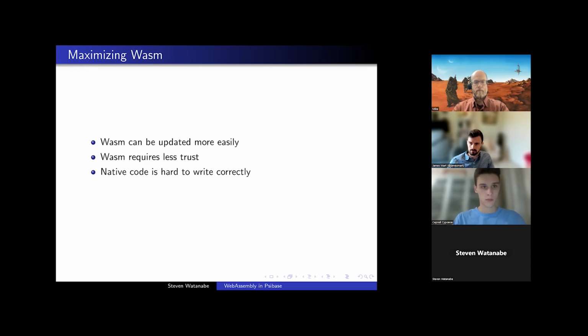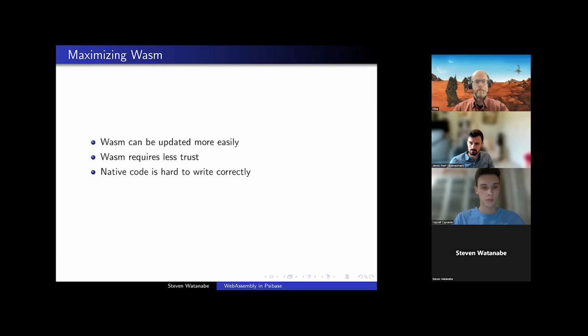If we make changes to the native code, that requires every single node to upgrade, and coordinating such upgrades across the whole network is quite painful. If it's implemented in WASM, then we can just distribute that WASM through the transactions in the chain, and all nodes will automatically synchronize.